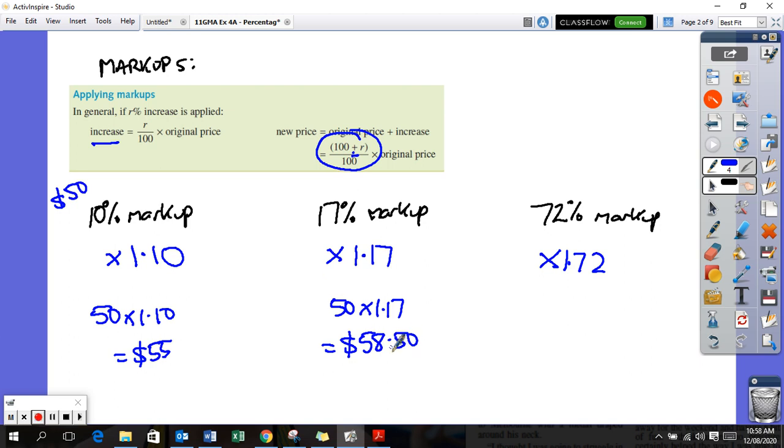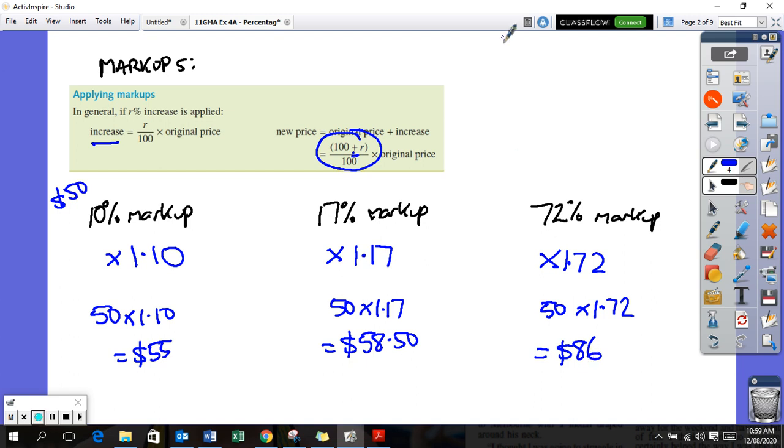So the increase is $8.50, that one minus that one, and the new price is $58.50. For a 72% markup, we've got 50 times 1.72 on the calculator, which is $86. So the increase is going to be $36. 86 minus 50 is $36, and the new price is $86.